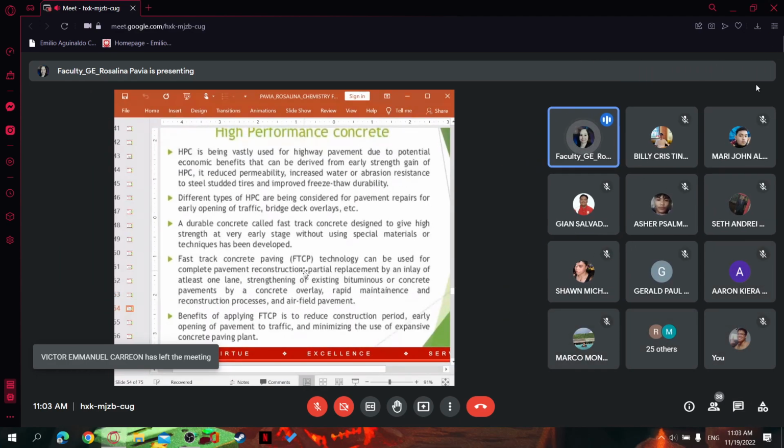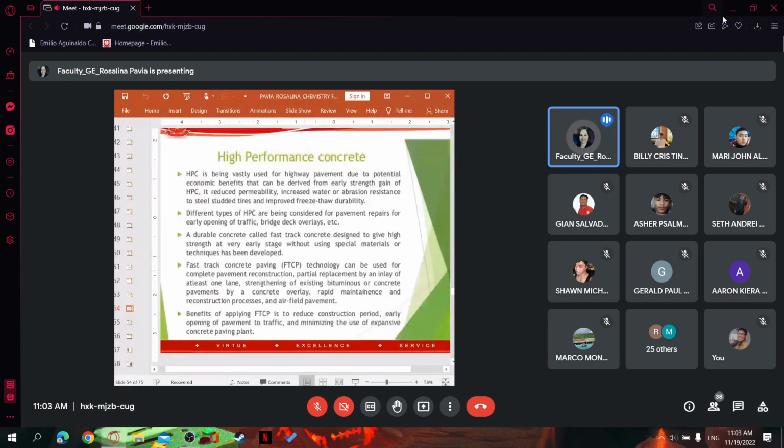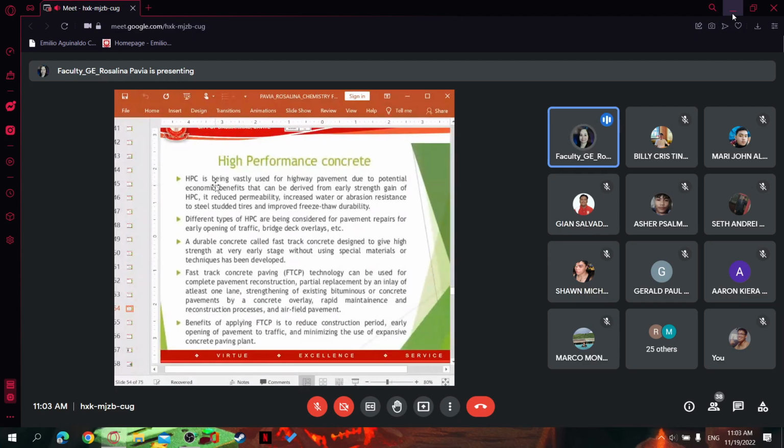Okay, the high performance concrete, due to potential economical benefits that can be derived from early strength gain of HPC. It reduces permeability, increases water or abrasion resistance to steel-studded tires, and also improves freeze-thaw durability.